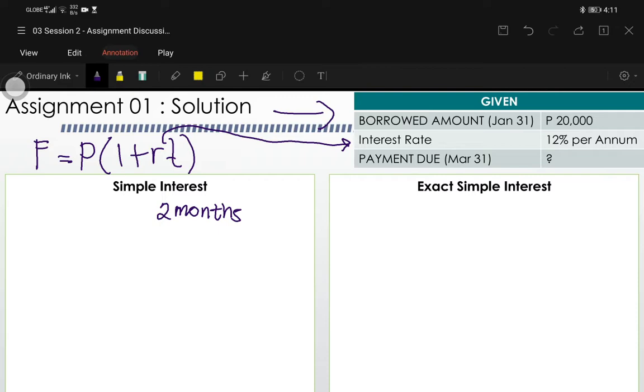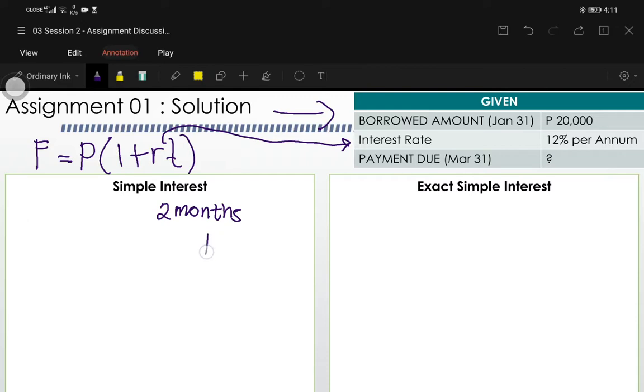Given that your interest rate is per annum, meaning it is an annual rate, let's first solve for the value of the interest rate per month.